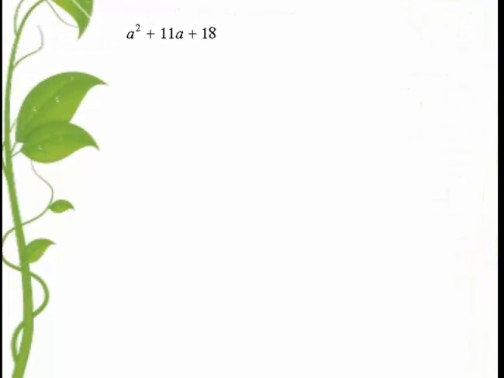And then those are the numbers that go inside of our parentheses. Another example, we have a squared plus 11a plus 18. So method 1, again, is our factor and sum table. So I'm looking for factors of 18 that will give me a sum of 11. So I'll start with 1 and 18.